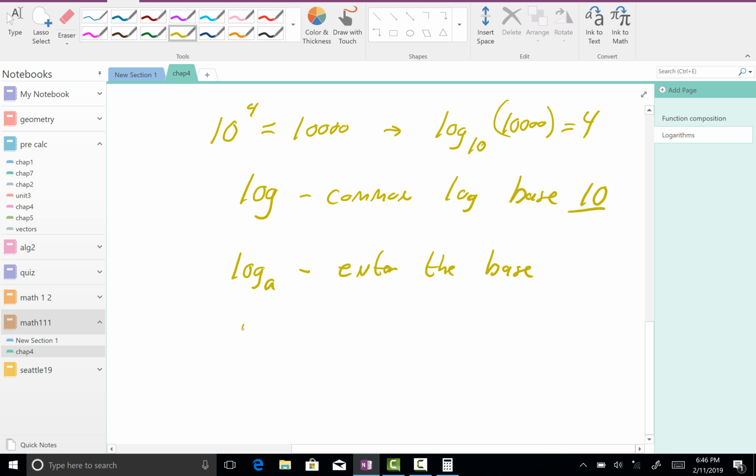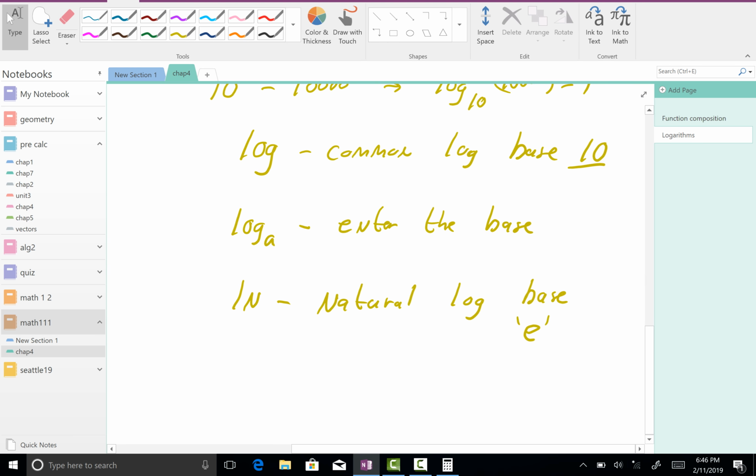Now, this is called a natural log, and that base is E. That's that special number E that we had before. So there's a common log, there's a log where you enter the base, and then there's a natural log, Ln, that has a base of E. So if you go into Desmos, you'll see there's 3 choices for logs.